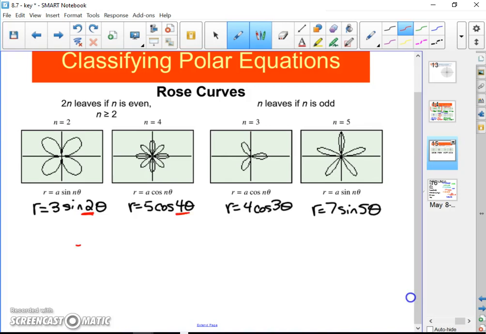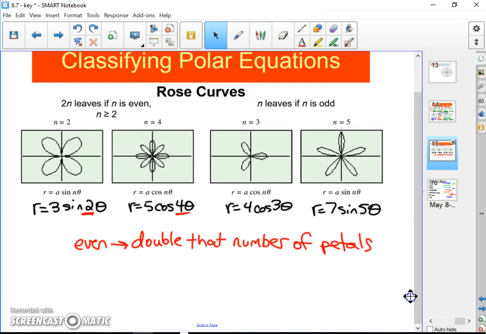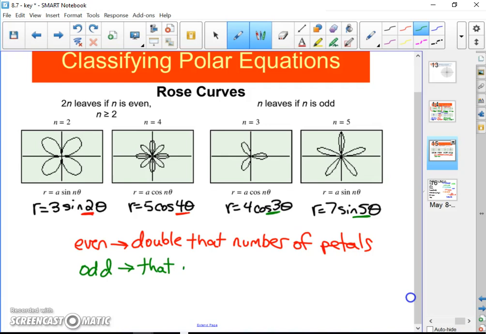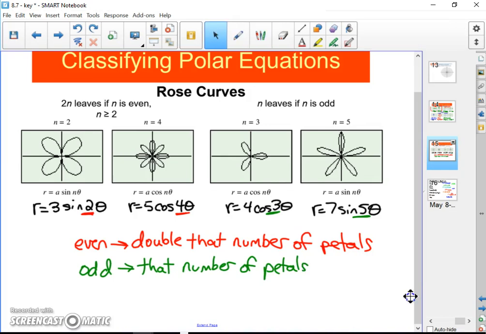If this number is even, we're going to have double that number of rose petals. However, if that number in front of the theta is odd, it's just going to be that number of petals. So it really helps to be able to classify these things. Just know what you're looking at before you even start. So some quick examples.